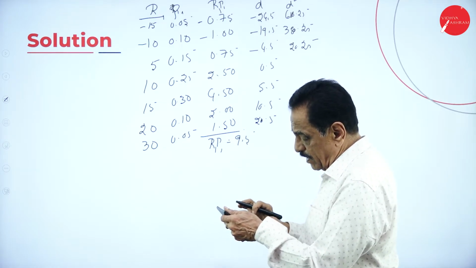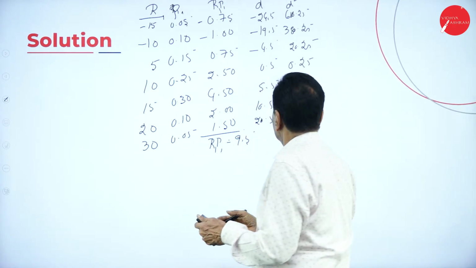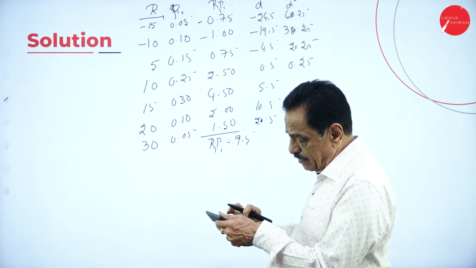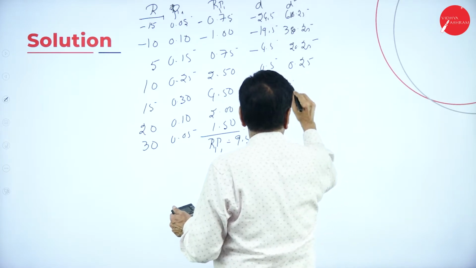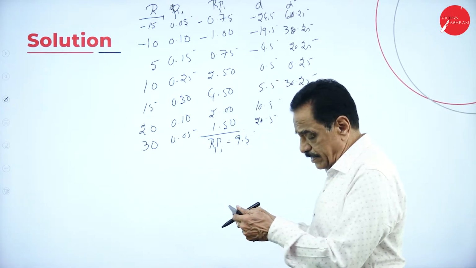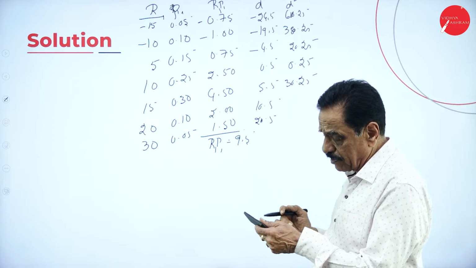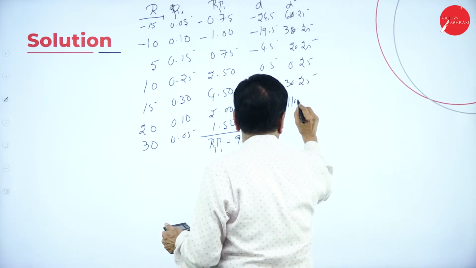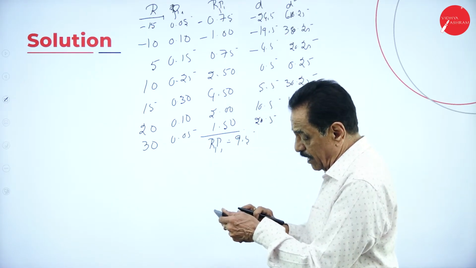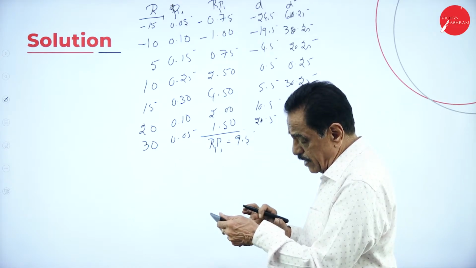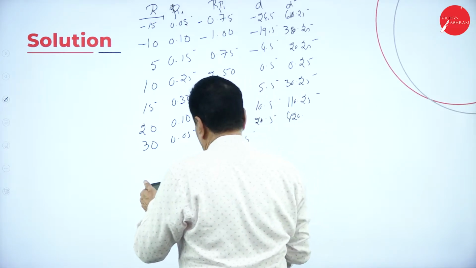Then 0.5 into 0.5, 0.25. 5.5 into 5.5, 30.25. 10.5 into 10.5, 110.25. 20.5 into 20.5, 420.25.